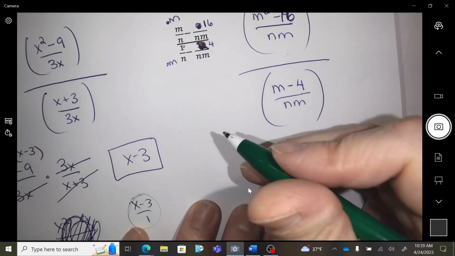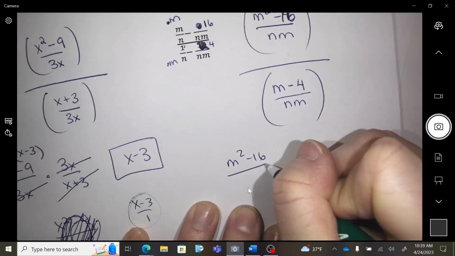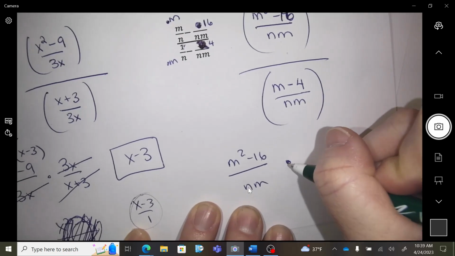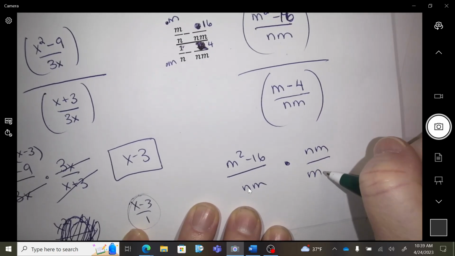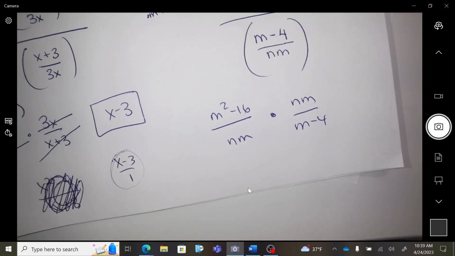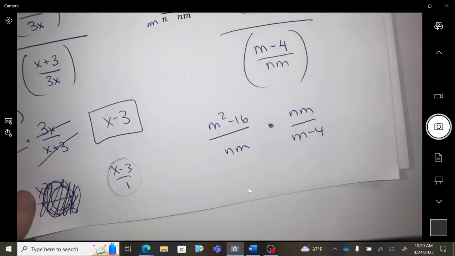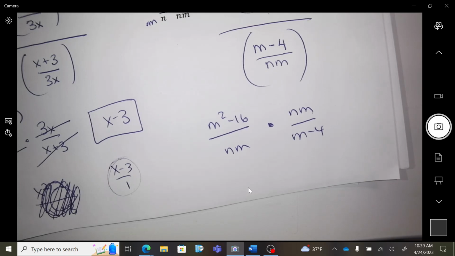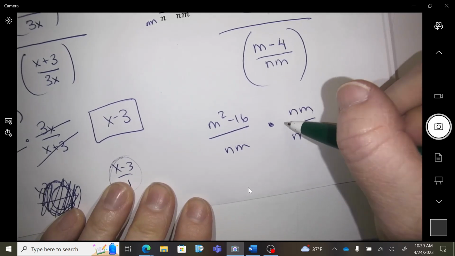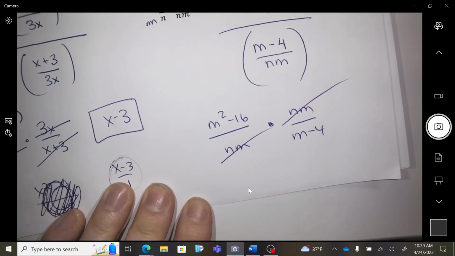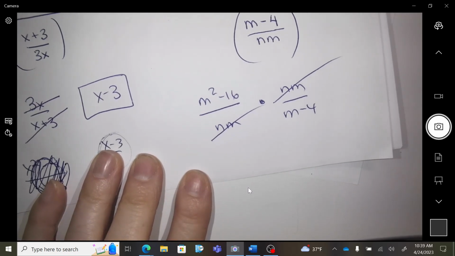Okay, who's gonna roll with it? Andrew's got this. Times and flip. Set up how it would look. Cross those off. They would cancel.